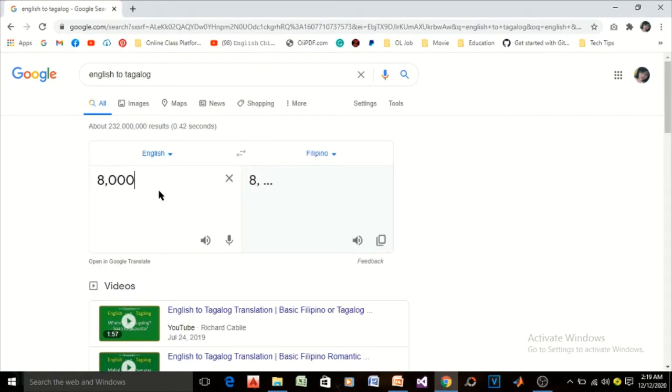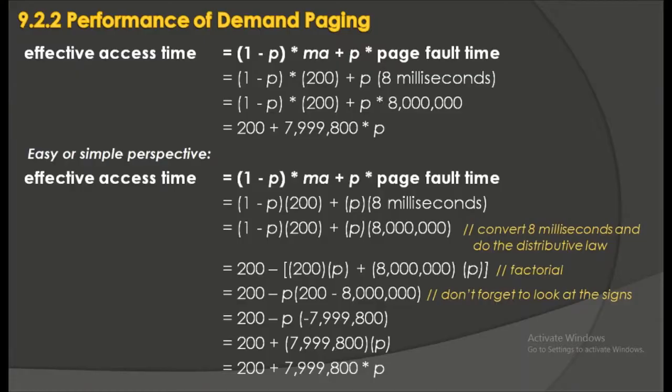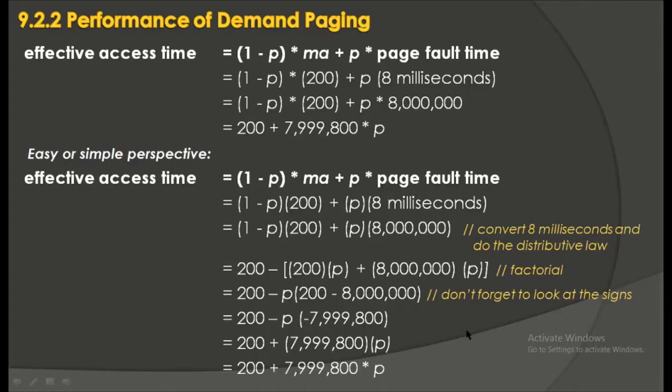After converting milliseconds to nanoseconds, we apply the distributive law, where 200 times 1 and 200 times p, then 8 million times p. The result is this one. After the distributive law, we can factor, where I put a bracket, since we can see that there is p in the 200 term and p in the 8 million term.